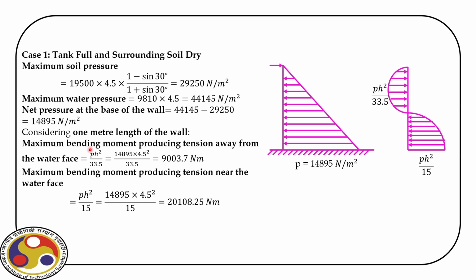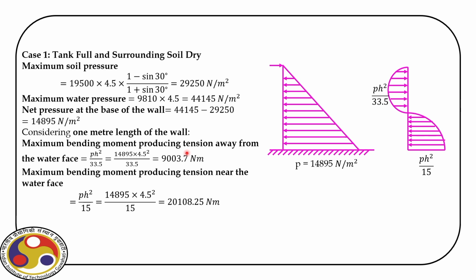So we have the maximum bending moment producing tension away from the water face, pH square by 33.5, which is here, and that value is 9003.7 Newton meter, while the maximum bending moment producing tension near the water face is here, pH square by 15, and that is 20,108.25 Newton meter. So now we have the two bending moments acting on the wall for this load case 1.